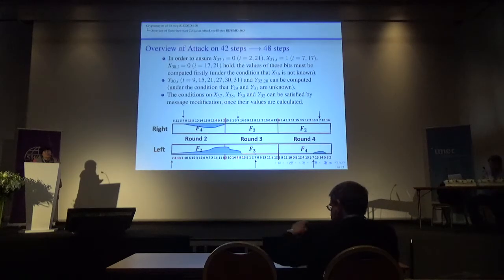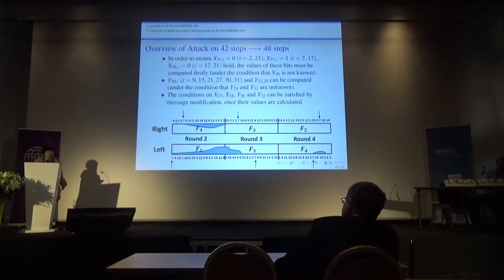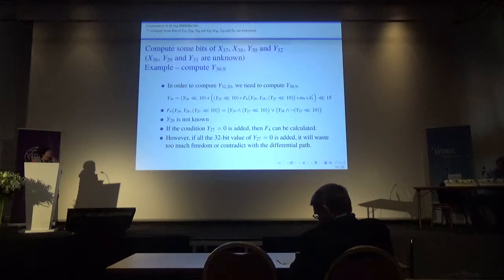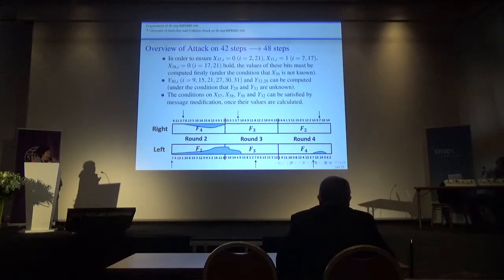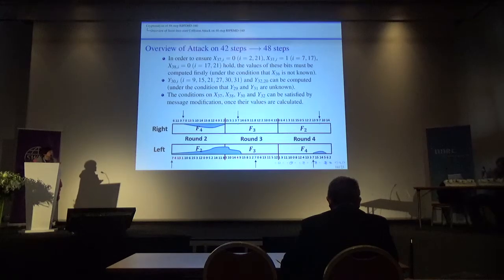In order to ensure these conditions hold, we must compute them in advance. So the problem is transformed to computing some bits of X37 and X38 under the condition that X36 is unknown.